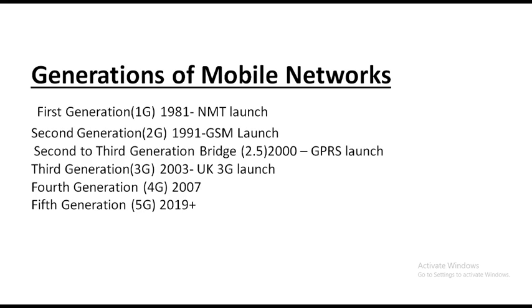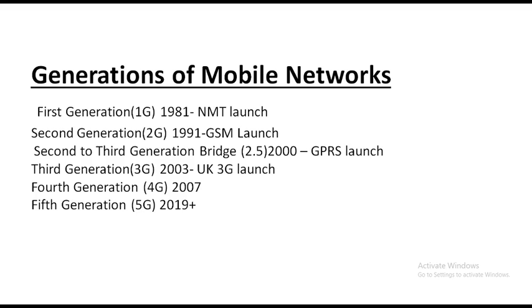And from the second generation only they have started to use a SIM card, subscriber identity module, to authenticate a user for identification, for billing purpose, and to encrypt the data to prevent listening without permission. With the help of SIM, you are able to call another person.